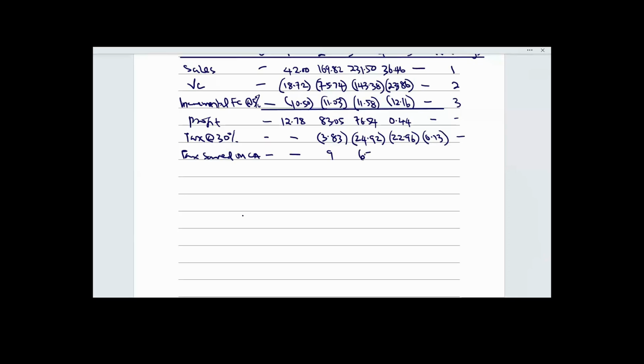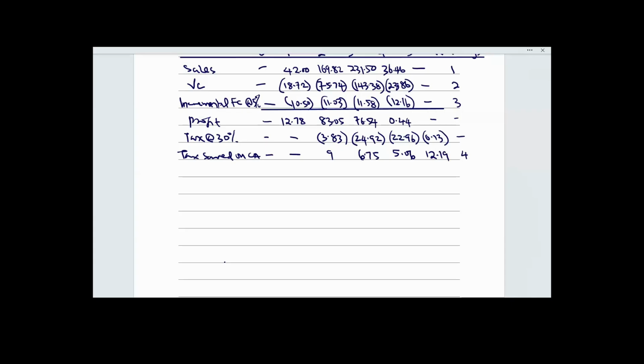Here is 6.75. What about the third year? Capital allowance tax saved is 5.06. The fourth year, 12.19. Thank you. That's working number 4.